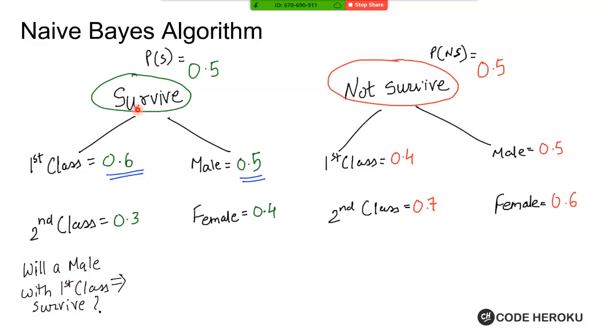Just think about, based on these numbers, will a male traveling in first class survive or not? And again, don't give me the number of the chances, just give me, will they survive or not? That's what I'm interested in.